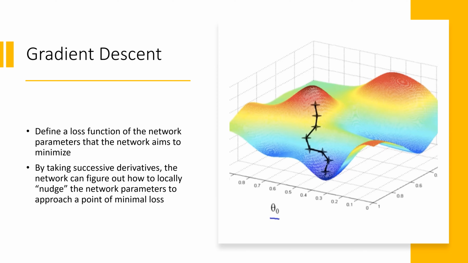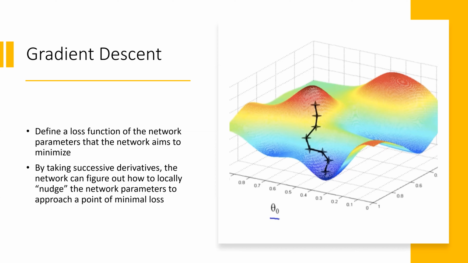Then the lower f of x is, the greater 1 minus f of x will be, right? Or let's say we want the output to be 0, then we define the loss to be f of x. Then the farther it is from 0, the greater it will be.